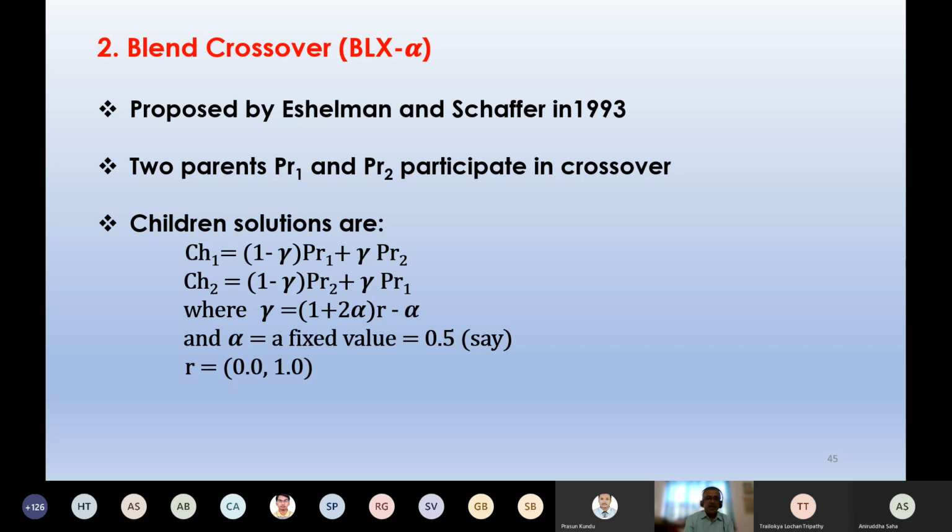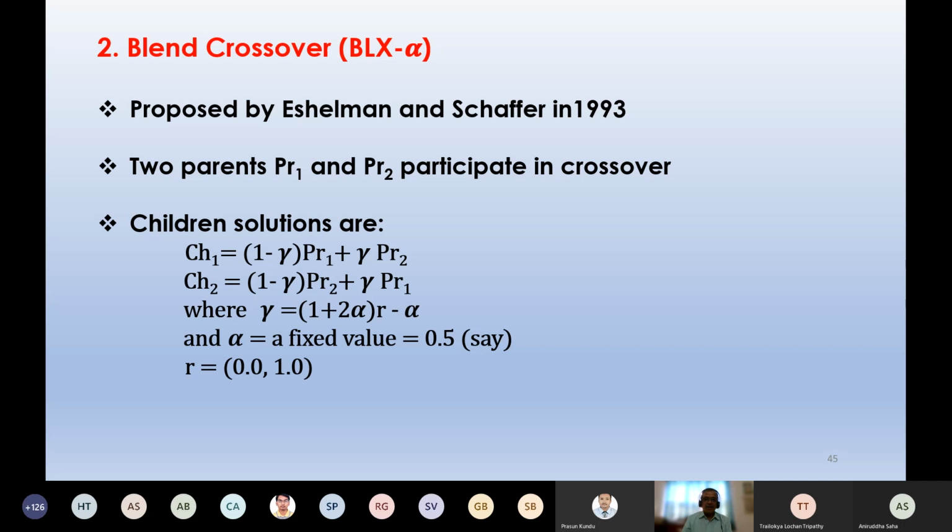But here, there is one control of alpha. Depending on the problem, the user may supply the value for alpha. For example, alpha equals 0.5, alpha equals 0.6, alpha equals 0.4.